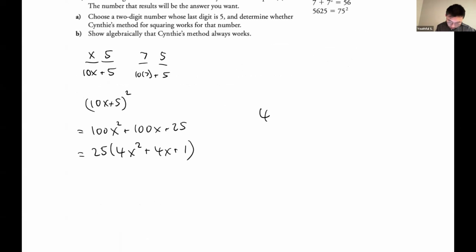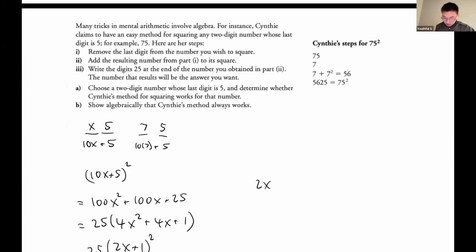Let's see here. So this is equal to 25 times 2x plus 1 squared. That doesn't really seem to explain Cynthia's steps, though. Yeah, they kind of just remove. Let's see if we can do the steps algebraically.